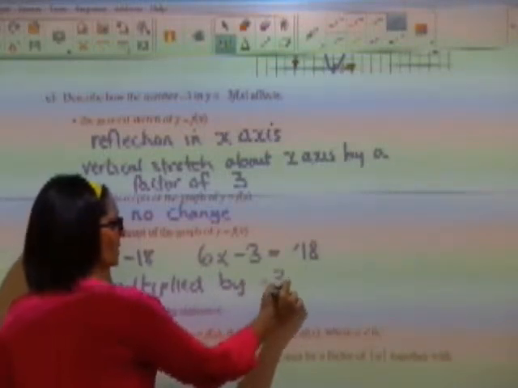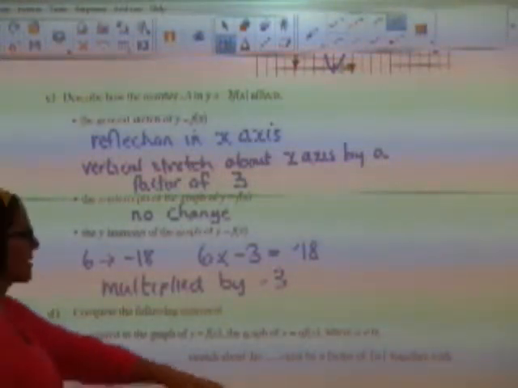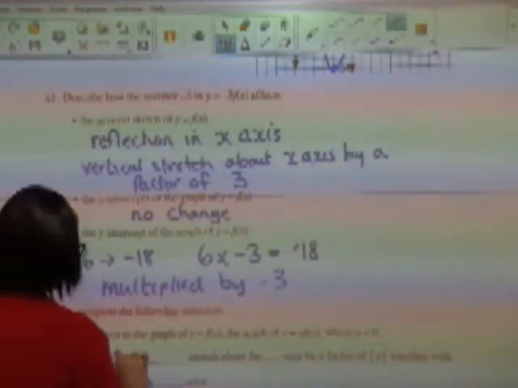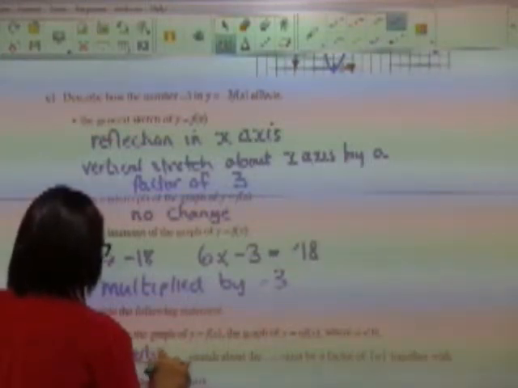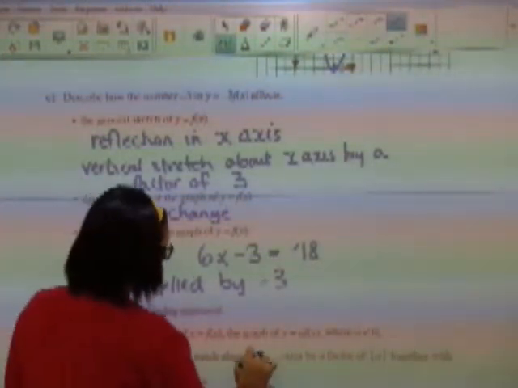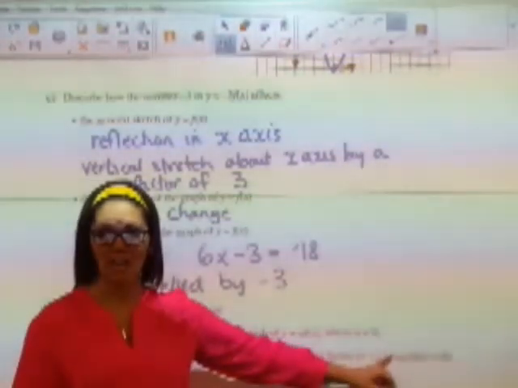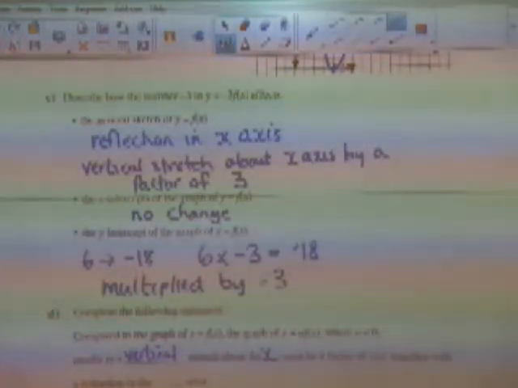So compared to the graph of y equals f of x, the graph of y equals a times f of x, when a is less than 0, so when a is a negative value, results in a vertical stretch about the x-axis by a factor of the absolute value of a, followed by a reflection in the x-axis.